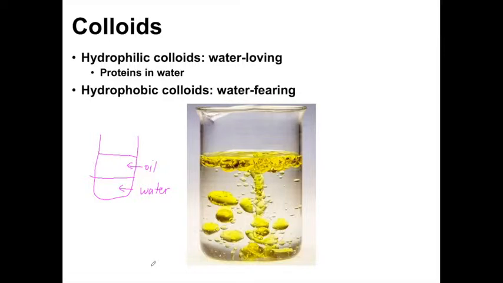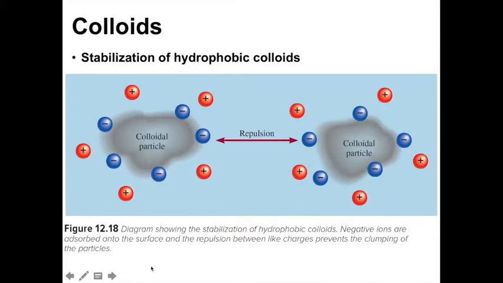So there are ways for these hydrophobic colloids to become more stable. One way to stabilize hydrophobic colloids is by the use of salts. So you know that salts produce ions in water. So these ions attach to the surface of a colloidal particle, and since they are charged, they can favorably interact with water.